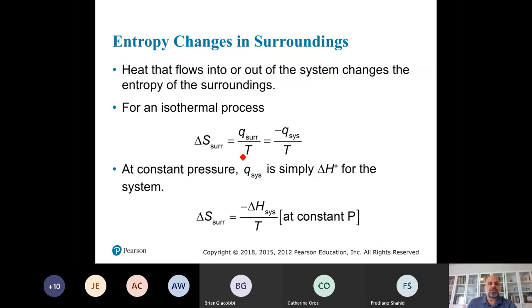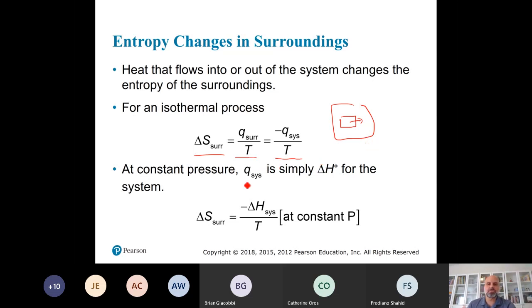Entropy changes in surroundings. Heat that flows into or out of the system changes the entropy of the surroundings. So for an isothermal process, the entropy change of the surroundings is equal to the heat of the surroundings over the temperature, or minus the heat of the system. If you think about our system and our surroundings, if the system is giving off heat, then the surroundings are going to increase, so there is a negative relationship based on the system.